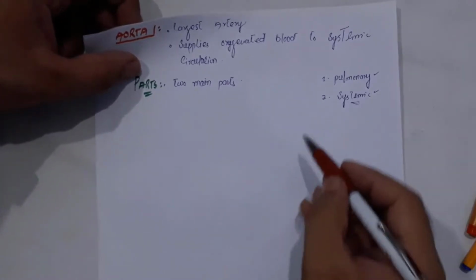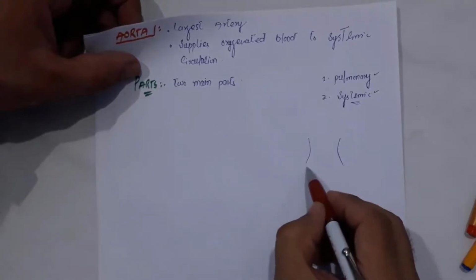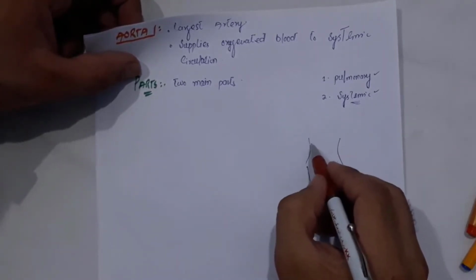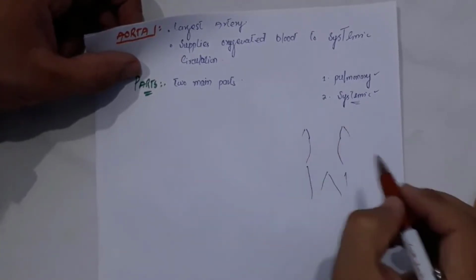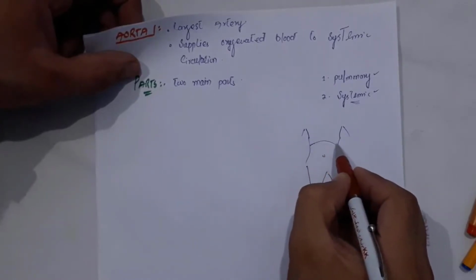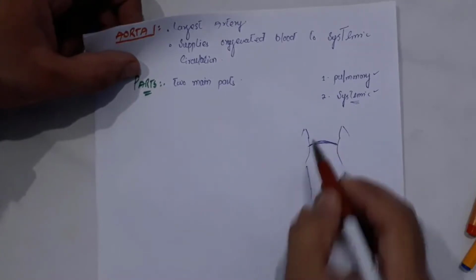Listen carefully. Here we have a person standing. Here is a tissue which separates the abdominal cavity from the thoracic cavity.